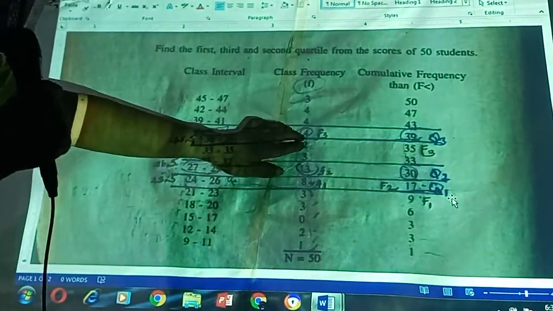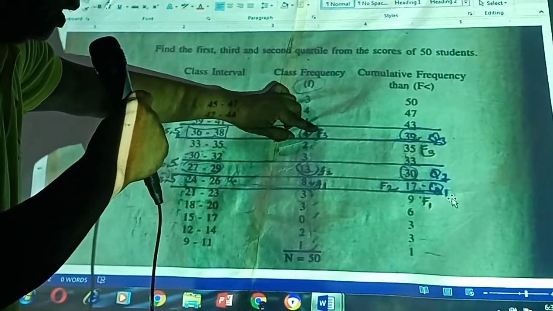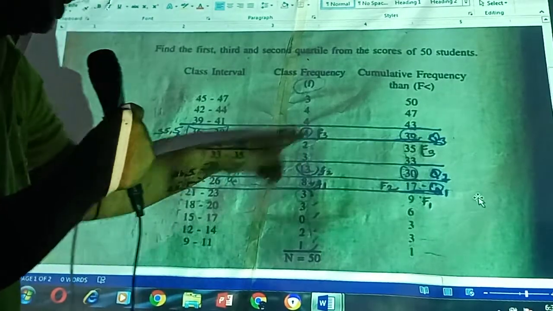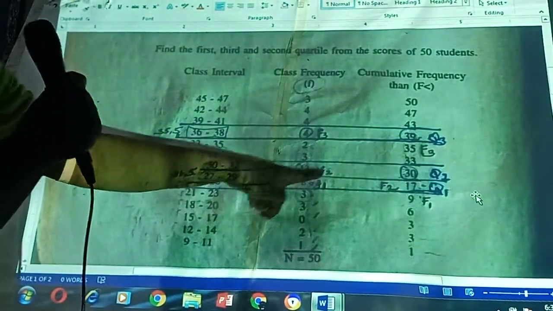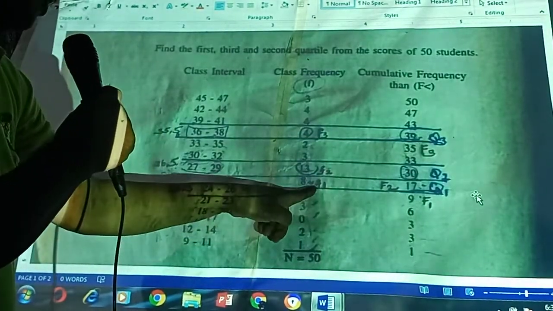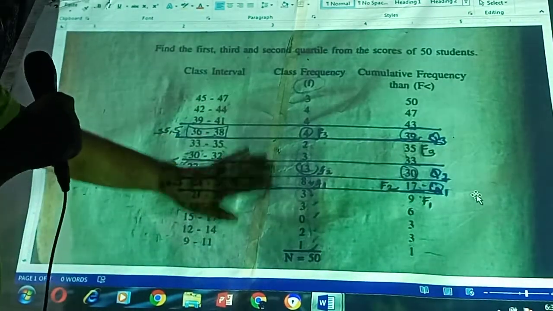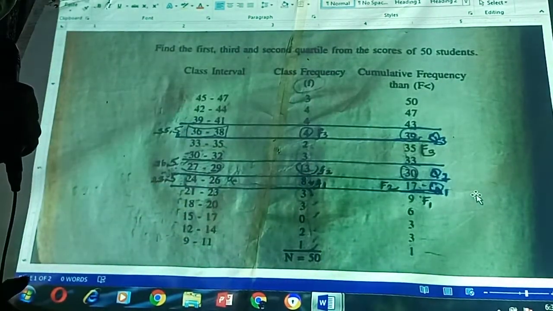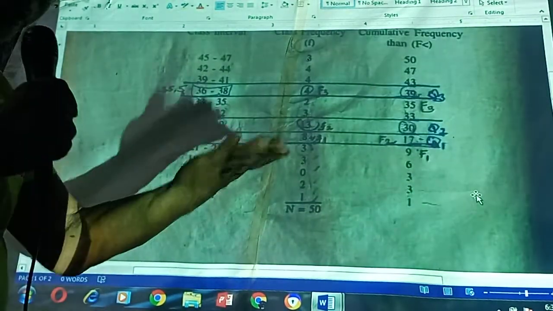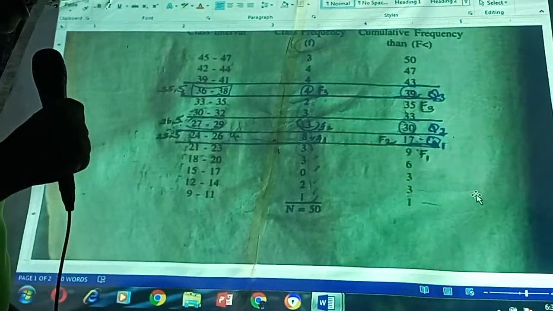Small f3 is the class frequency where Q3 lies, and this is the class frequency where Q2 lies, and that is the frequency where Q1 lies. That is how we get these. If you cannot follow, I will upload this again to share in our group chat.